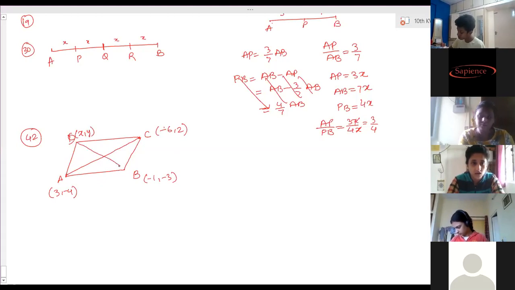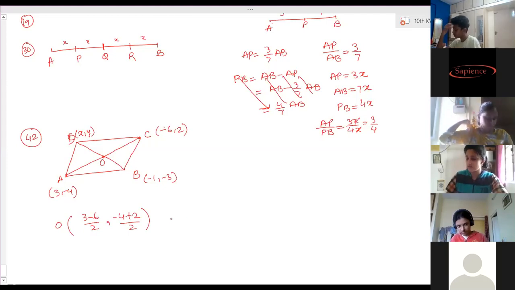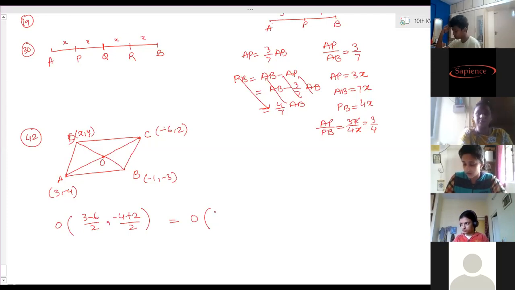So we know that the diagonals bisect each other at point O. Find O's coordinates. O is the midpoint of AC, so O's coordinates will be ((3 - 6)/2, (-4 + 2)/2). That is also equal to O's coordinates as the midpoint of BD: ((x - 1)/2, (y - 3)/2).